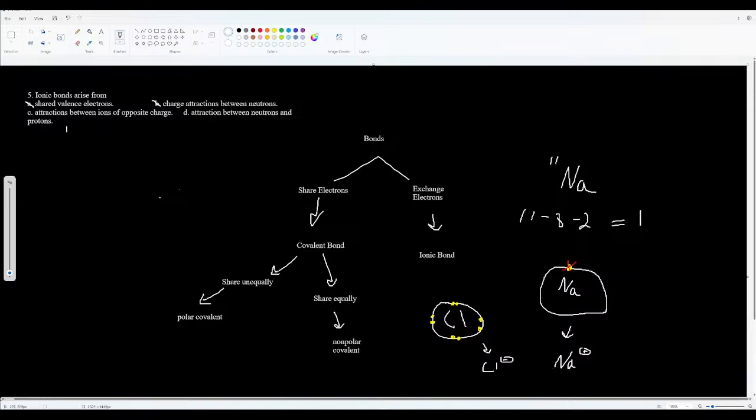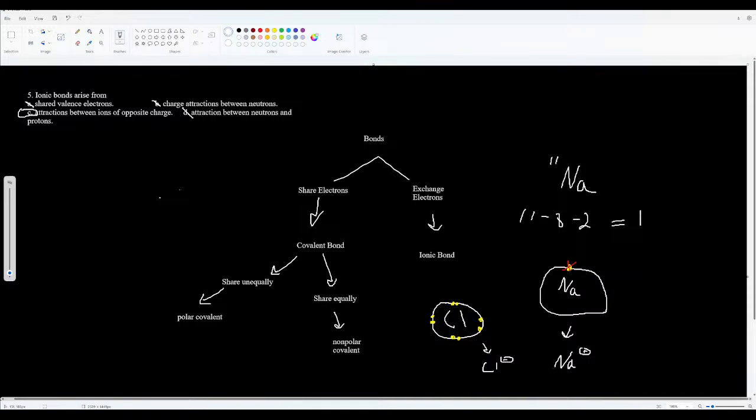Attractions between ions of opposite charge. Okay, we're getting somewhere. An attraction between neutrons and protons. Once again, drop the ball. Not neutrons. Neutrons do not attract anything. So attraction between ions of opposite charge. That is what an ionic bond is.